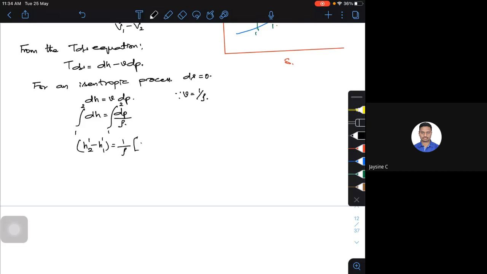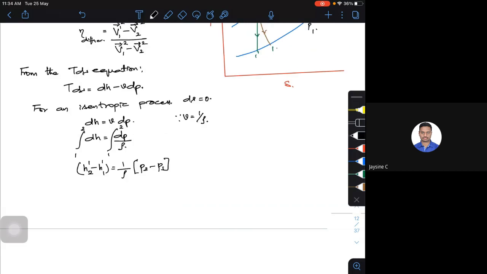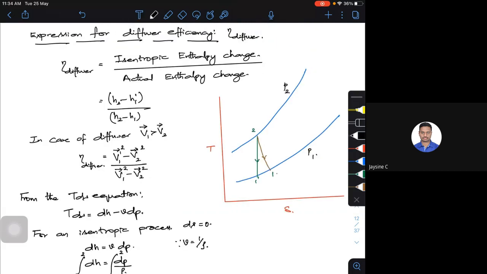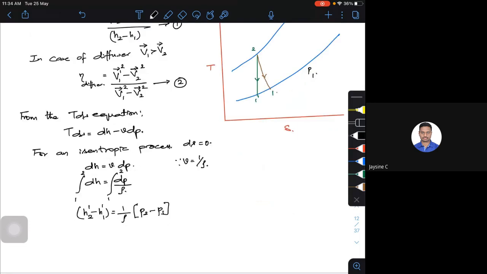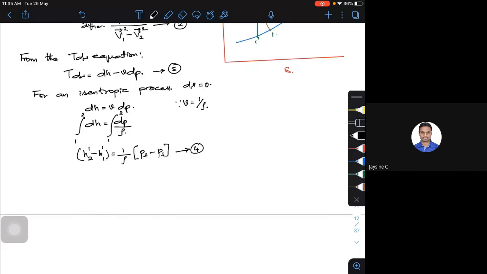So I will be getting P2 minus P1. If I call this equation number 1, this equation number 2, and this equation number 3, I can call this equation number 4. It is P2 minus P1.